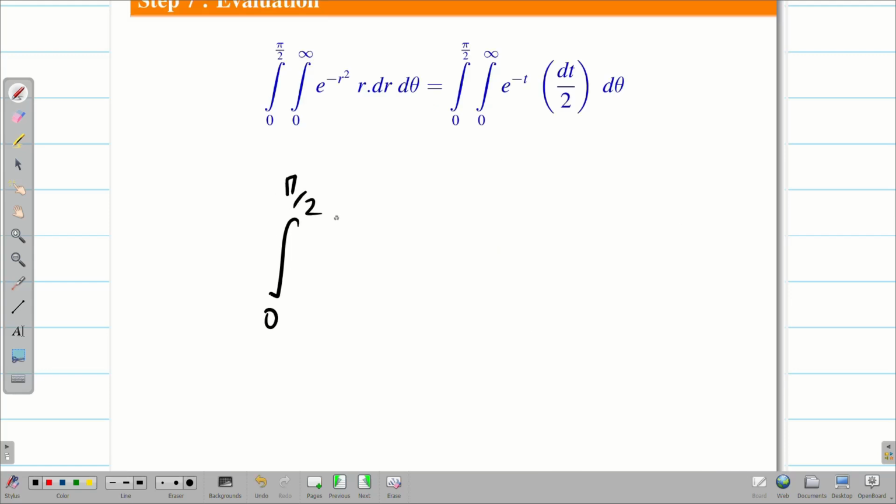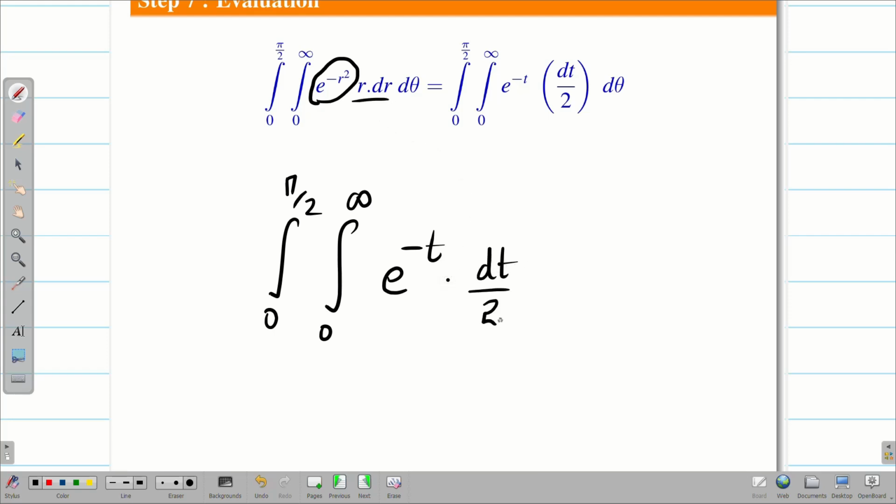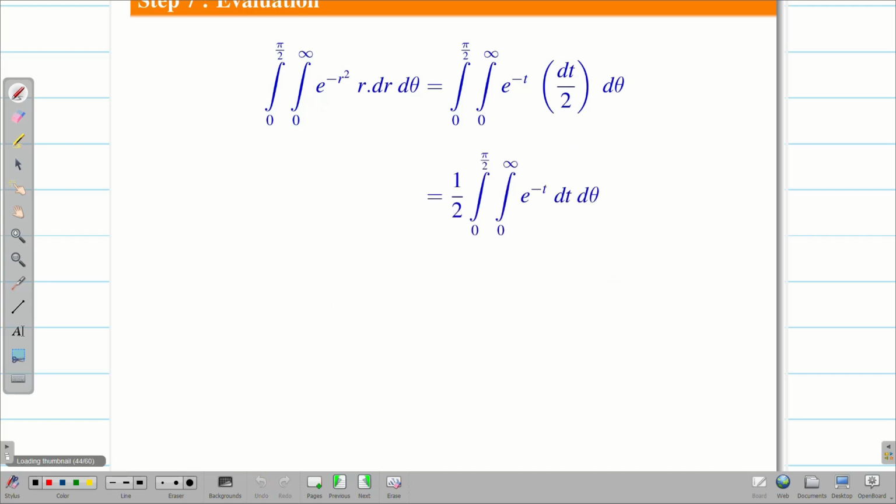Integral 0 to pi by 2, integral 0 to infinity, e power minus r square. So we know r square is t. So e power minus t, r into dr is dt by 2, into d theta. So that is what is mentioned here. Now take this 2 outside. We know the integration of e power ax is e power ax by a.